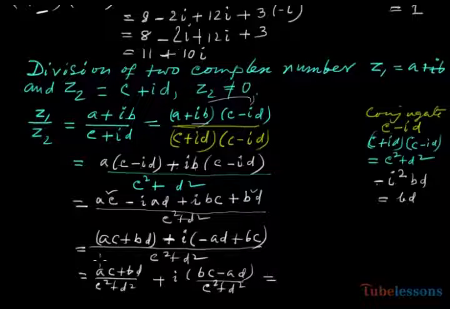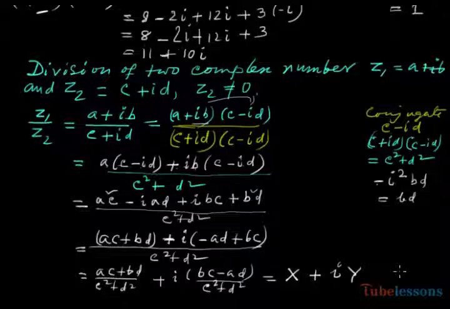So this we can take as x plus iy, where x and y both belong to real numbers, and x plus iy belongs to complex numbers.